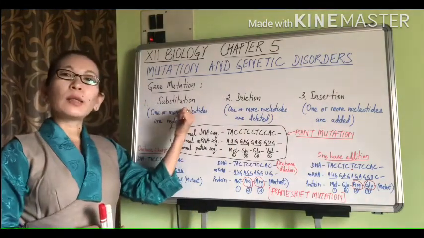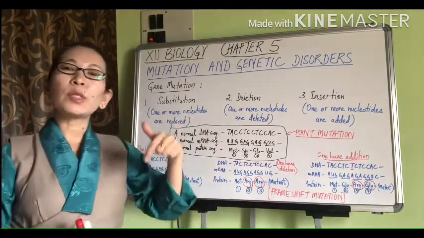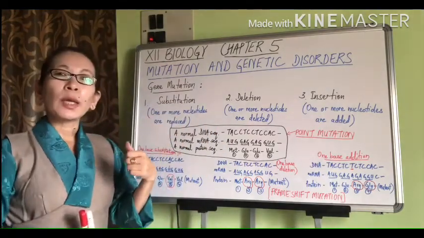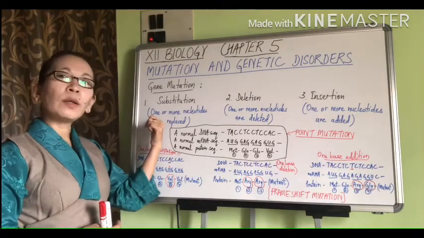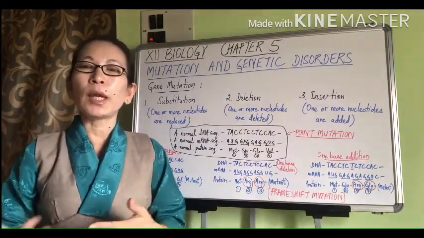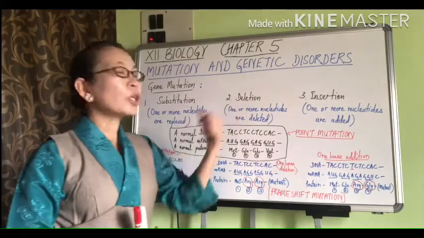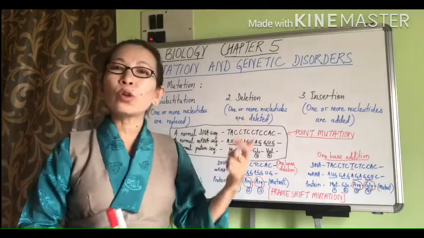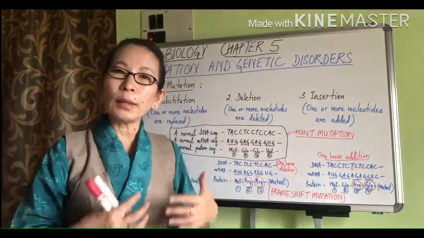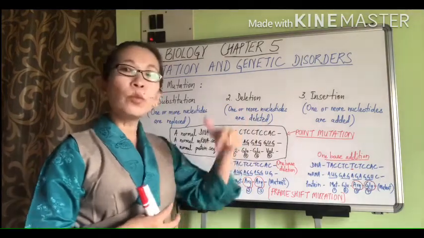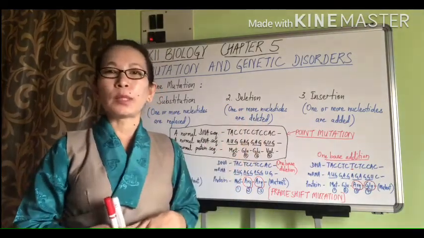Substitution mutation, as the name implies, is a substitution or a replacement, and such substitution can be a substitution of one or more of the nucleotides or bases in the DNA or in the RNA of the gene. Deletion mutations refer to a mutation where one or more nucleotides or bases in the DNA or in the gene or in the RNA are removed or deleted from the sequence.